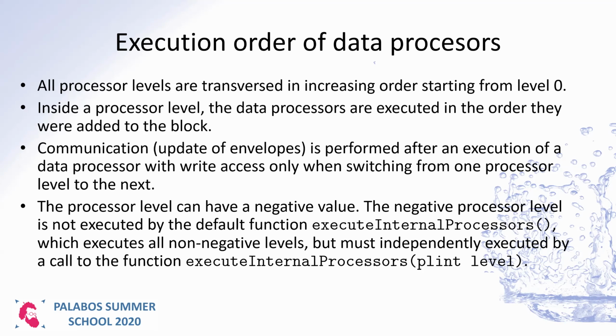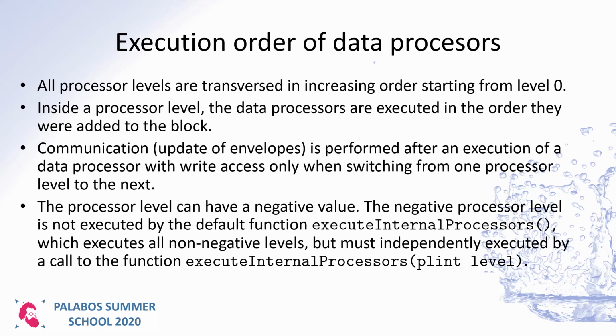Now, processor levels can have positive or negative values. They can be 0, 1, 2, 3, 4, 5, that's positive, or they can be -1, -2, -3, that's negative. The reason for that is that we want to make the difference between data processors that are executed automatically during the collision streaming cycles and the ones which are not.